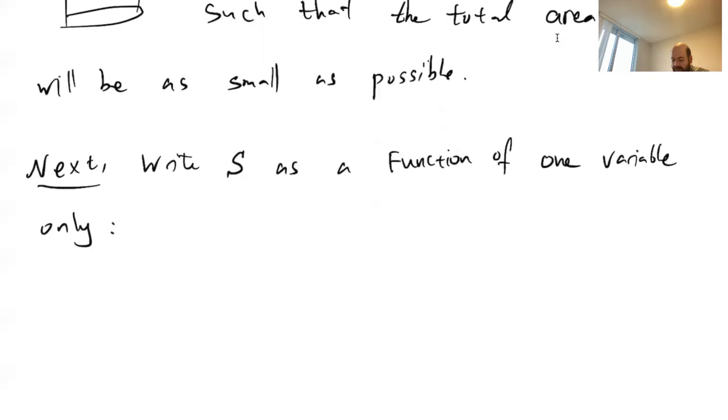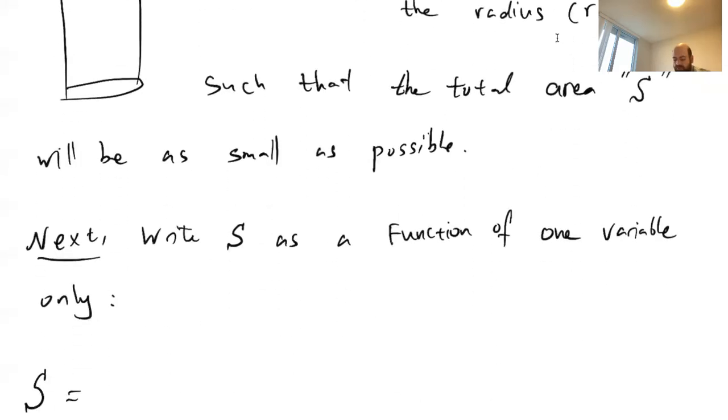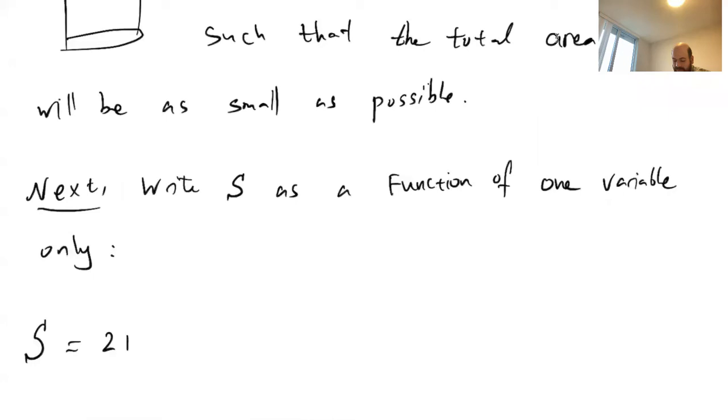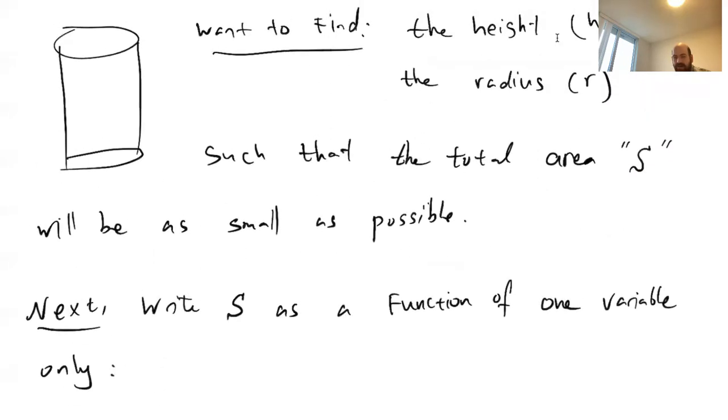So let's write down the formula for S first. S, the total area. So this cylinder is a closed can. So it has two circular bases, and each circle has area pi r squared. So 2 pi r squared. And then the side area.